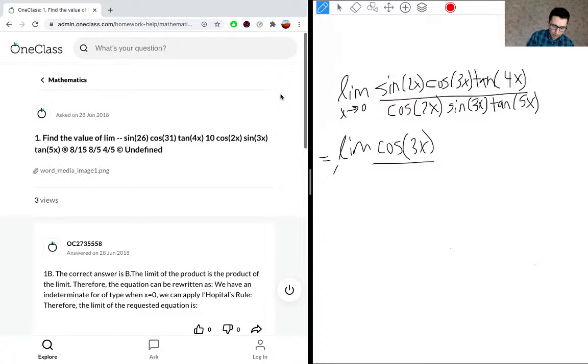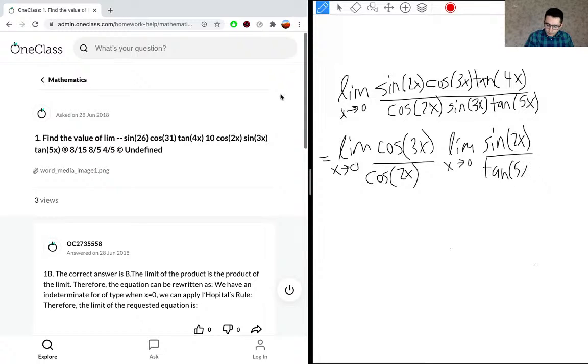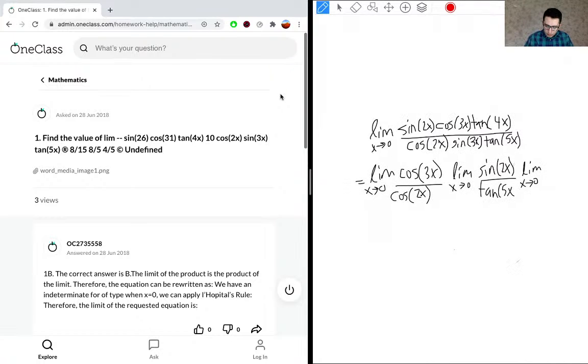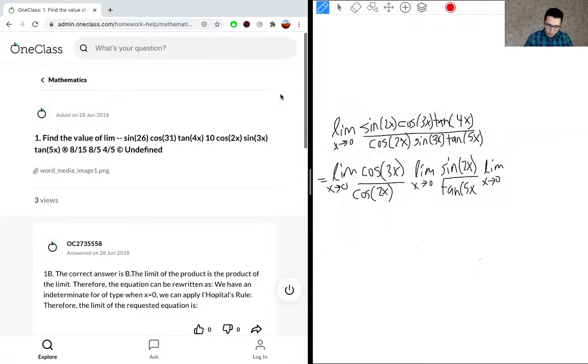So cos 3x, so x goes to 0, cos 3x over cos 2x, because we know we can evaluate for this, times the limit as x goes to 0 of sine 2x over tan 5x, times the limit as x goes to 0 of the final one here, tan 4x over sine 3x.